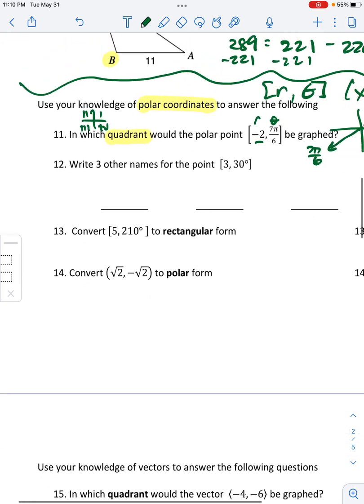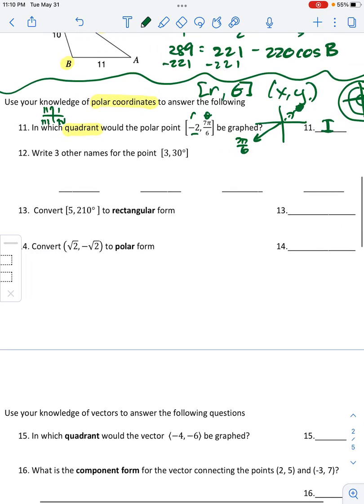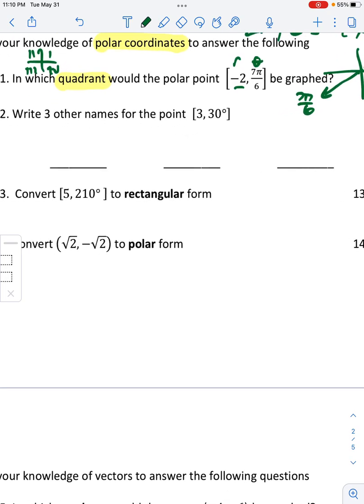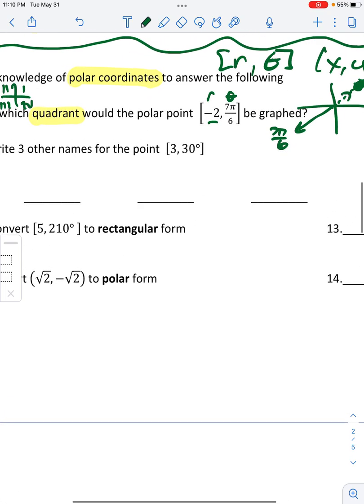Okay, so what I love about this question is it says write 3 other names and then leaves 4 spaces. So not sure why that is, even though I made it. So because it's circular, you can get to points a variety of ways. So this one's at 30 degrees, 1, 2, 3, which is pretty much the example I just used. So that's one way.